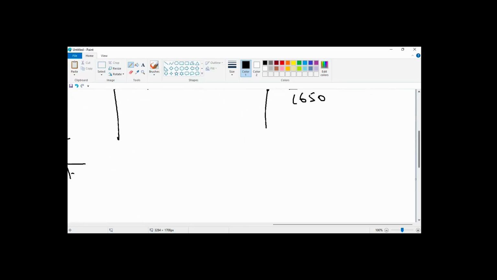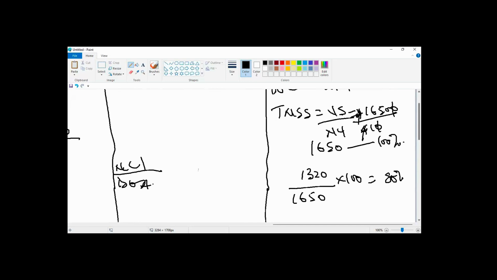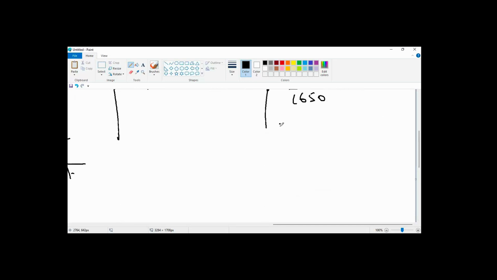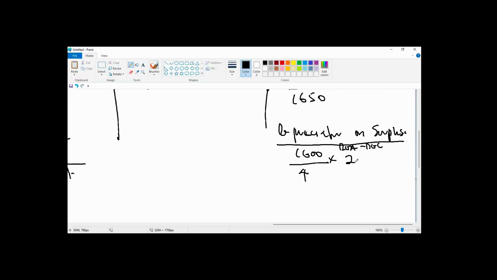Depreciation on the surplus: one-sixth surplus divided by useful life, times the period from the date of acquisition, which we have established is 2 years. This will give me 800.